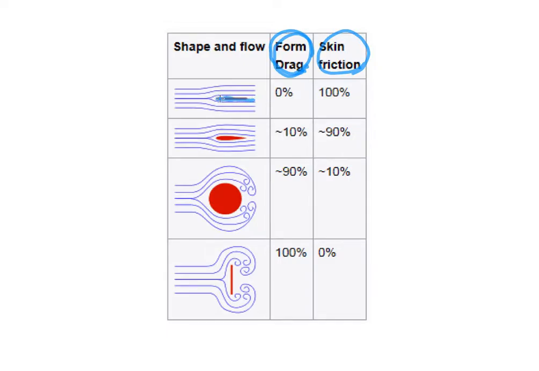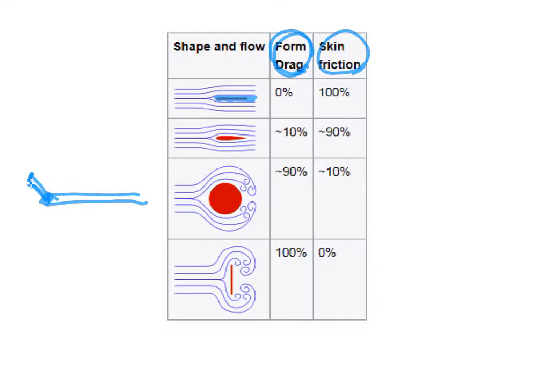If we have a very thin long plate like this one, the front area is very small, so it cannot give much resistance to the airflow.